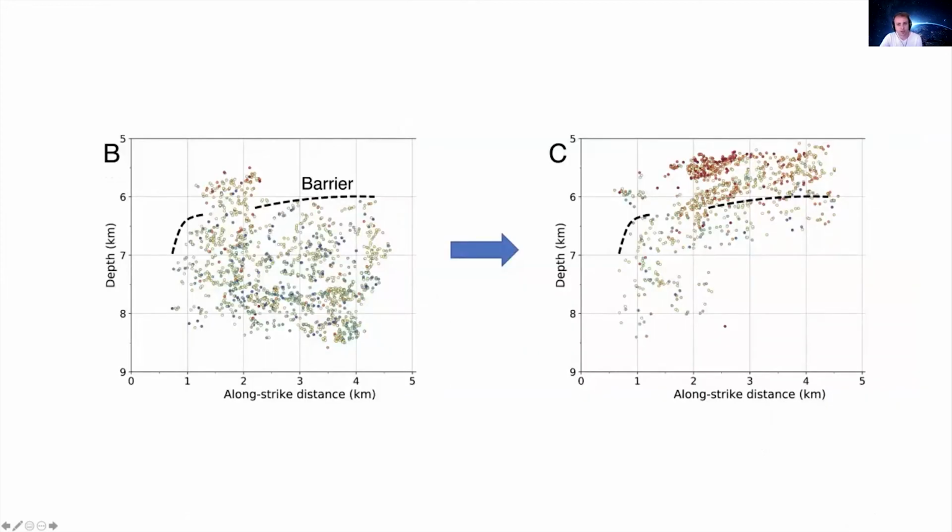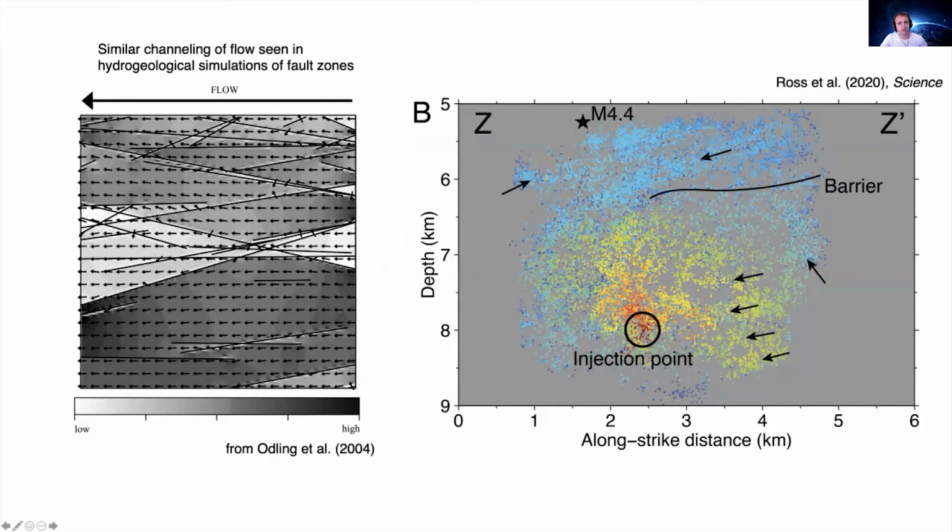And so we can try to understand what is going on here. These observations seem to be somewhat related to some simulations, for example, in hydrogeological capacity. So here, this is just a simulation where if you put a bunch of faults within a medium and the faults have a different permeability from the surrounding rock, this automatically leads to channeling of flow.